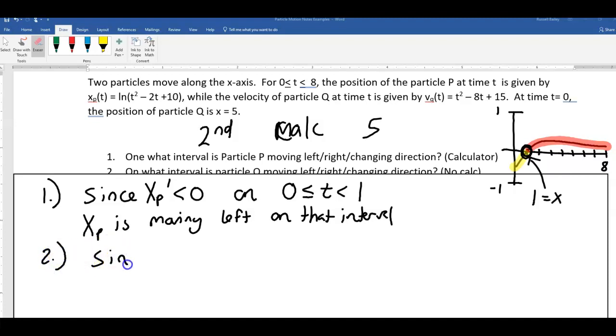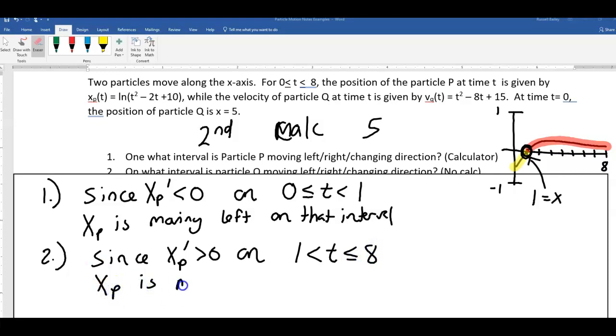We'll say since x sub p prime is greater than 0, in other words, above the x-axis, on the interval 1 to 8, x sub p is moving right on that interval.